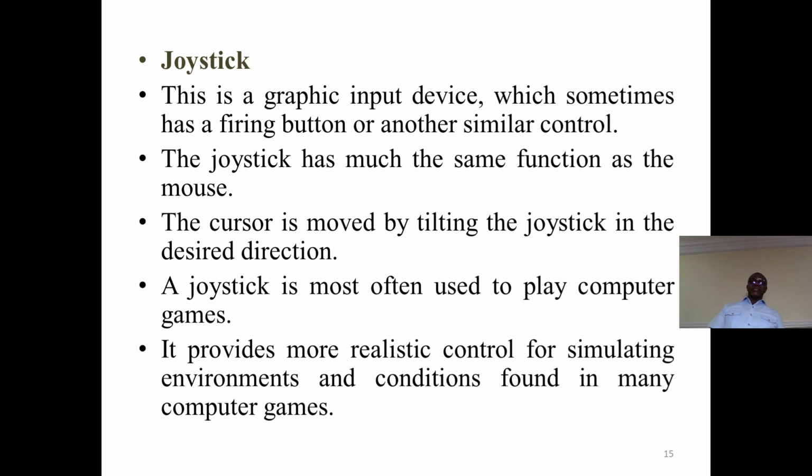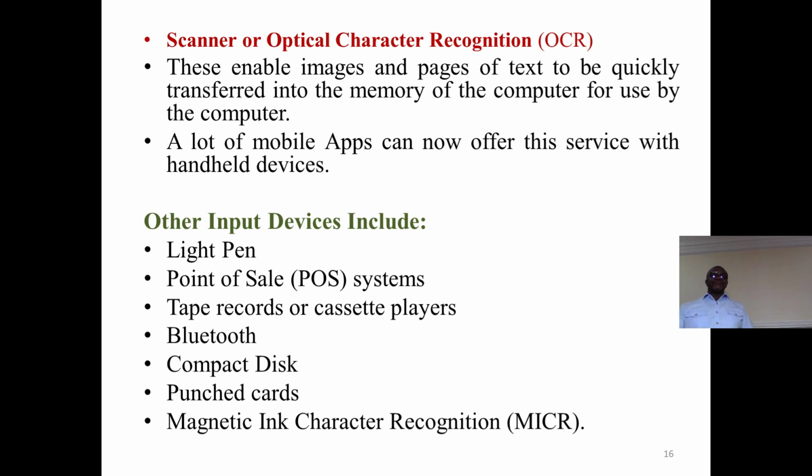The next is the joystick. This is a graphic input device which sometimes has a firing button or another similar control. The joystick has much the same function as the mouse, and by tilting it, the joystick gives the desired action.